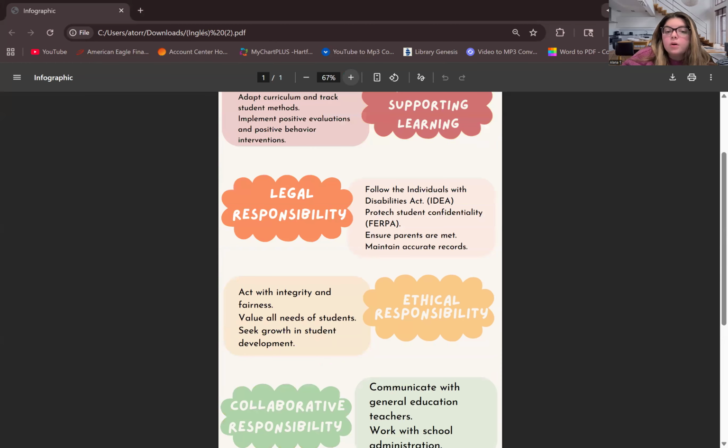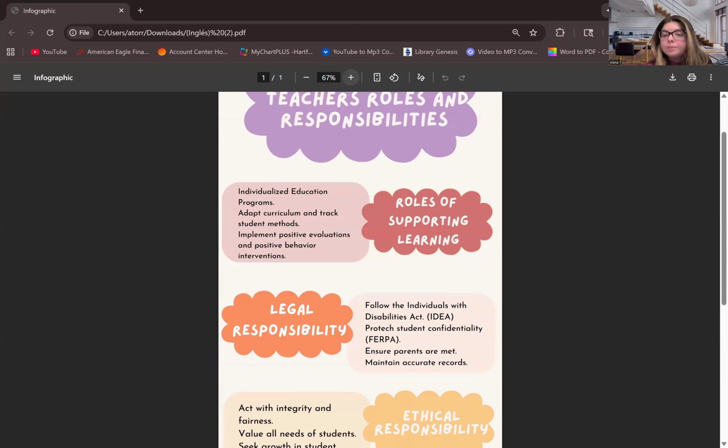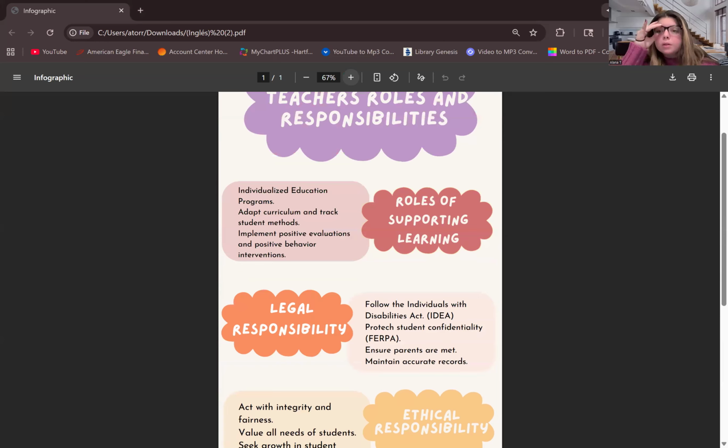So, to start with roles of supporting learning, we obviously have been talking about IEPs. I'm sure most of us know what an IEP is, individualized education programs. Those are the special programs and procedures put in place for students with special education needs.